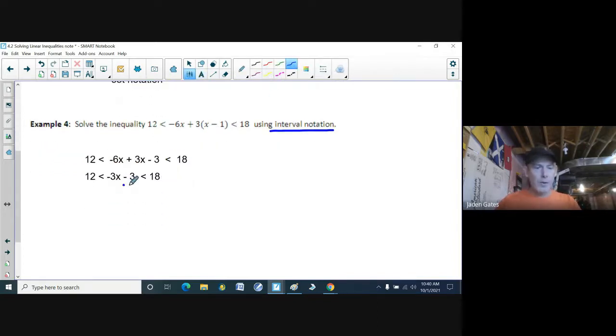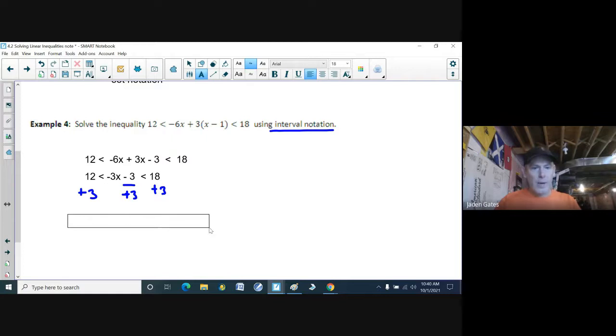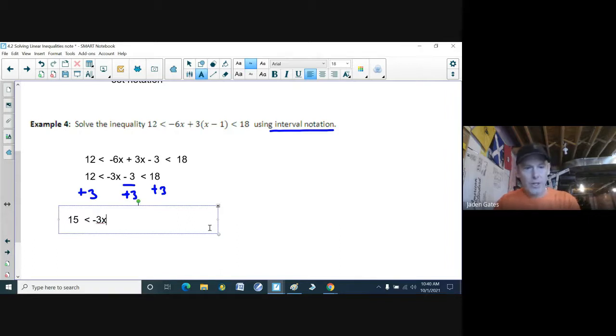And so I'm going to get rid of this minus 3 by adding 3. But I'm going to have to do that to the right and to the left. All right, so now what I end up with is 15 is less than minus 3x is all that's left in the middle. And let's see, I got less than 18 plus 3, which is 21.